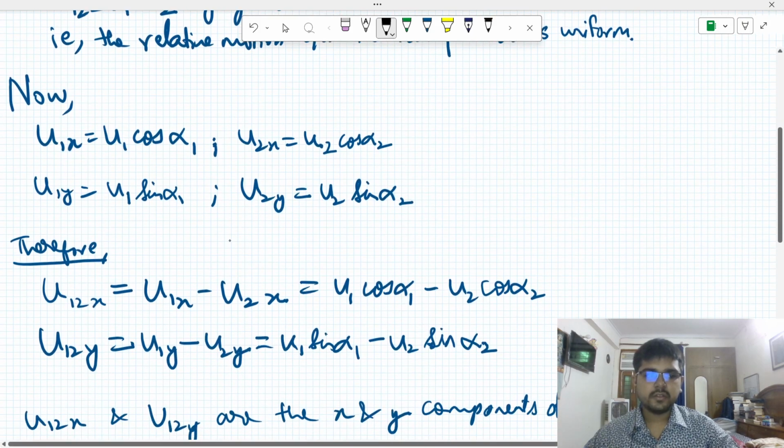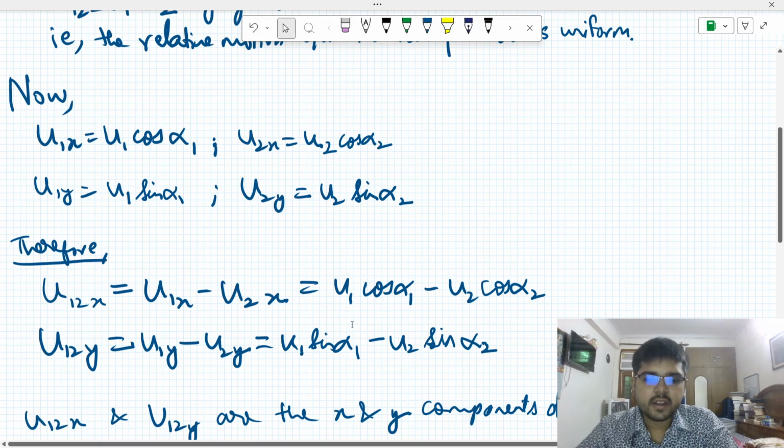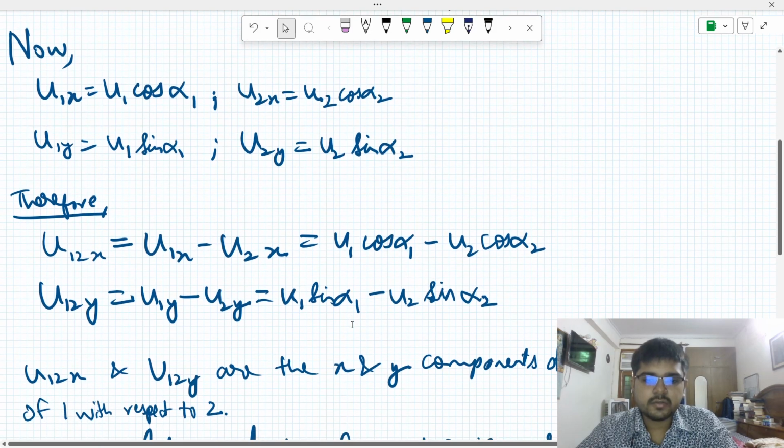Therefore, u12x equals u1x minus u2x equals u1 cos alpha 1 minus u2 cos alpha 2, and u12y, the relative velocity of 1 with respect to 2 in the y direction, is u1y minus u2y equals u1 sin alpha 1 minus u2 sin alpha 2.